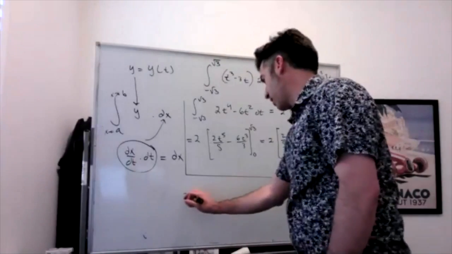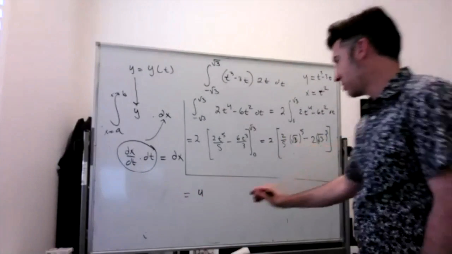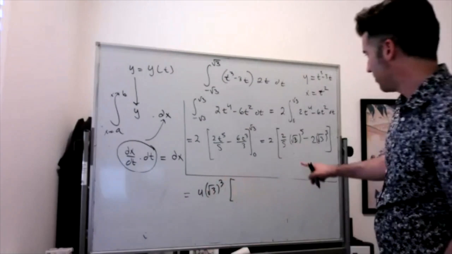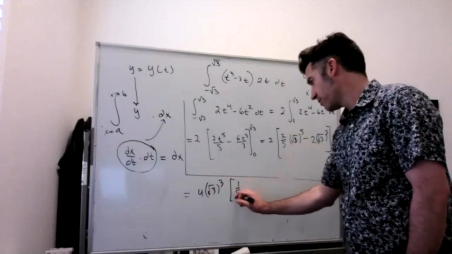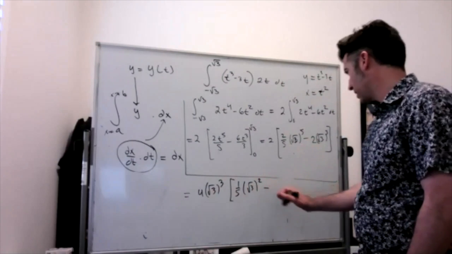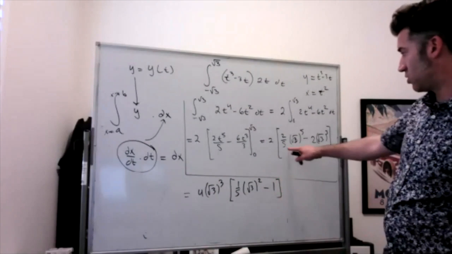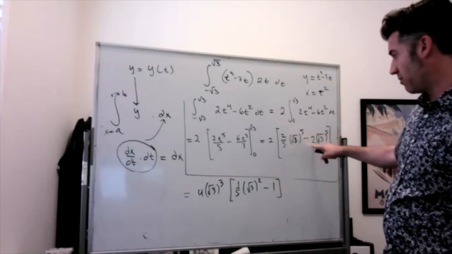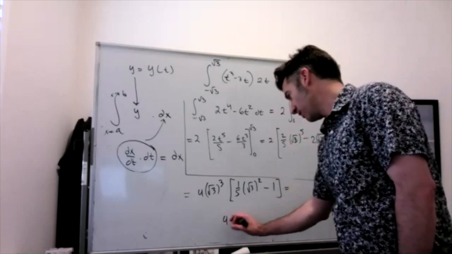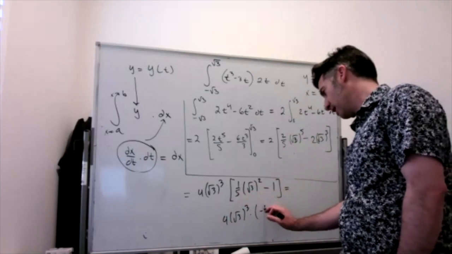We can factor out a 2, so we have a 4. We can also factor out a square root of 3 cubed. And we're left with a 1/5 times a square root of 3 squared minus 1, because I factored out a 2 and the square root of 3 is 1/3. Yep. And look, our answer is negative. So we get 4 times the square root of 3 cubed times 3/5 minus 1, which is -2/5.